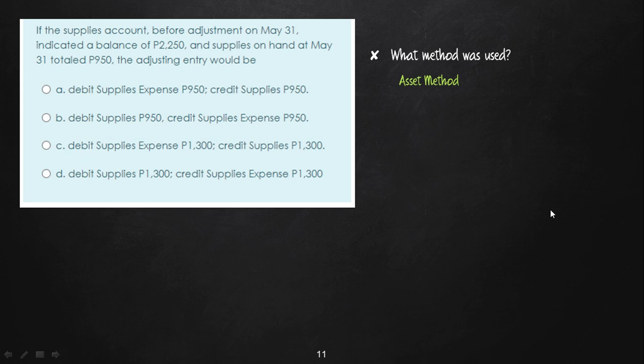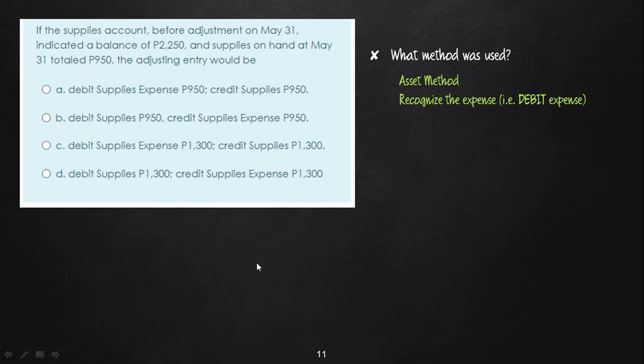Okay, now, recall, kung asset method gani, during the adjusting entry, unsa gani ito ang ato ang buhaton, recognize the, if it's the asset method, in the adjusting entry, we will recognize the expense. Meaning to say, we will debit the expense. So, pangitangon din nato sa choices class, unsa nga mga choices ang nag-debit og expense.